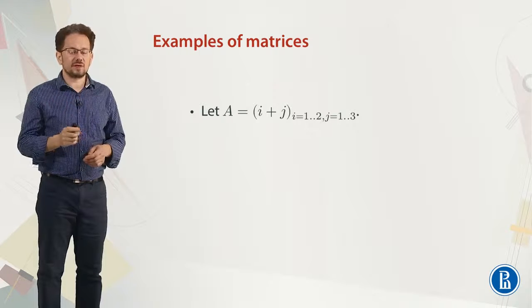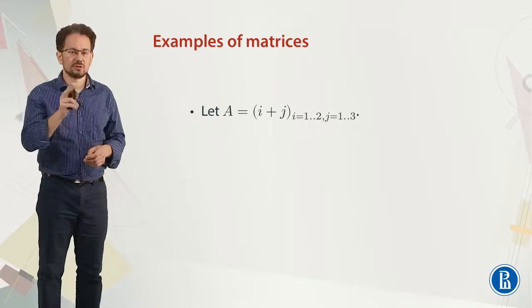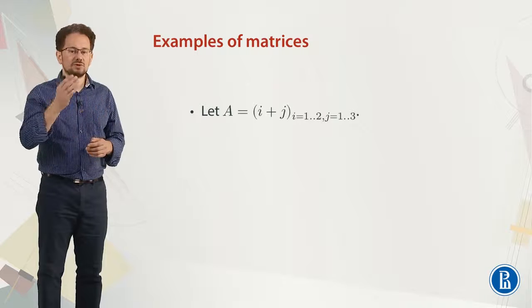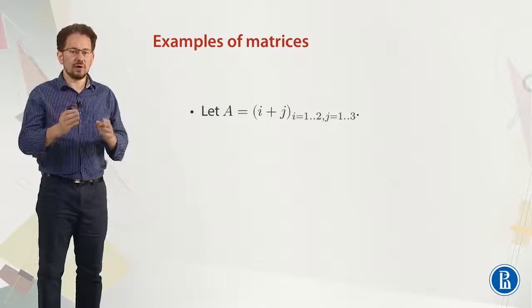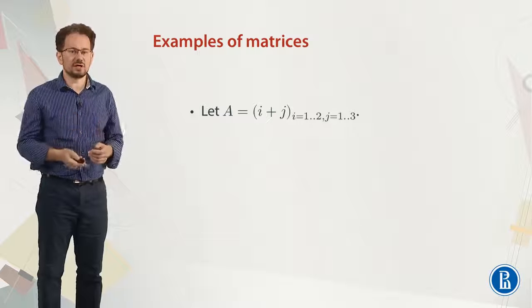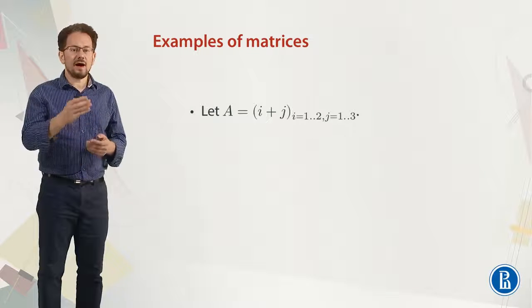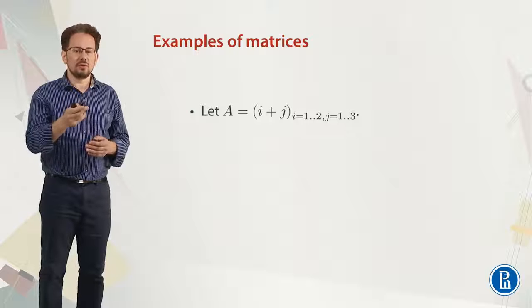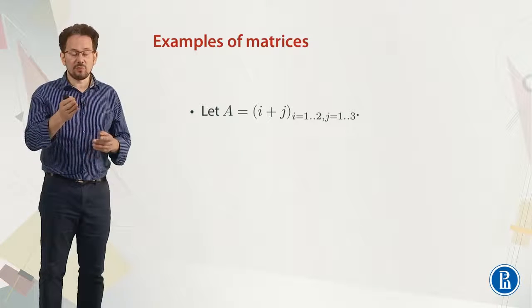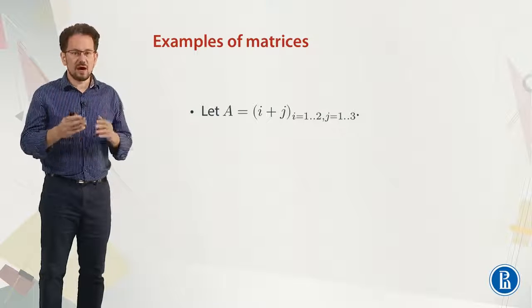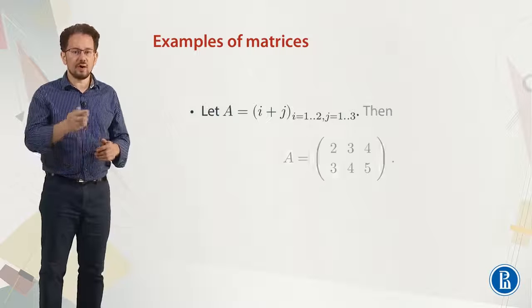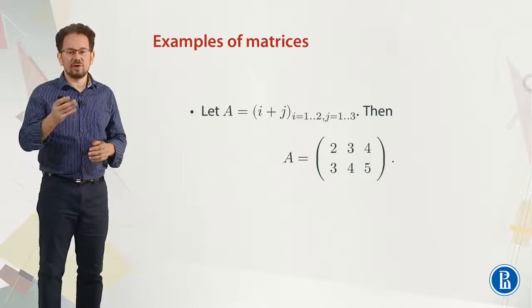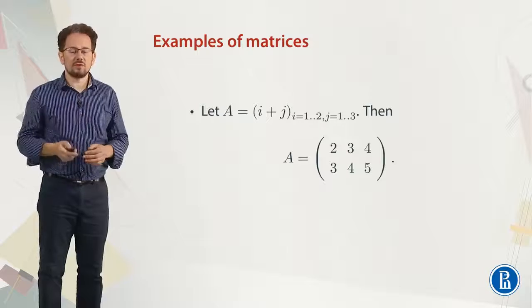You see that the matrix has two rows, because i has limits 1 to 2, and j has limits 1 to 3, so the matrix has 3 columns. The element which lies in the ith row and jth column is calculated by the formula inside the parentheses, i plus j, so we get a matrix of this form: a 2 by 3 matrix consisting of these numbers.